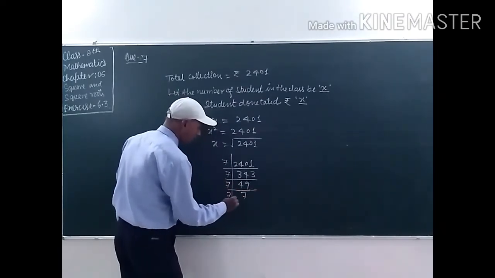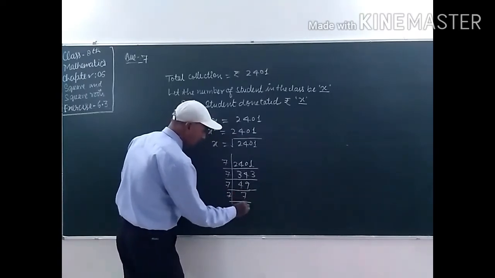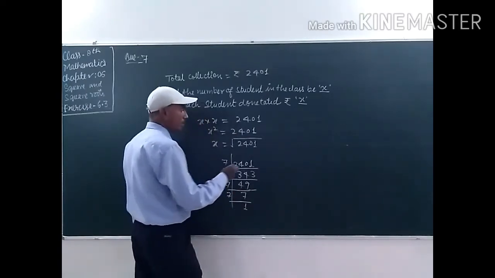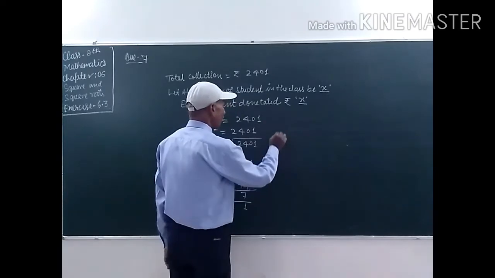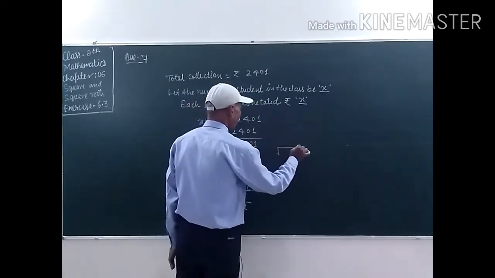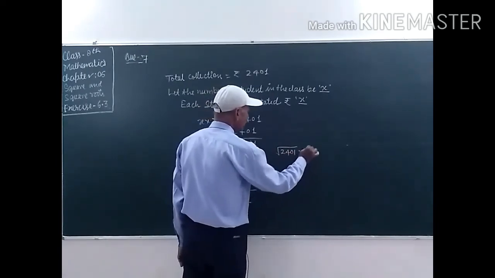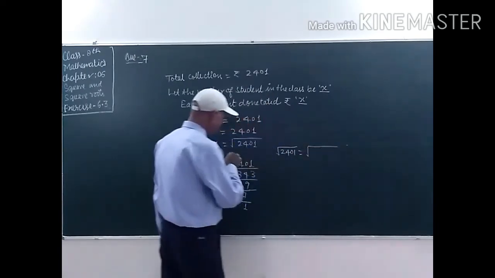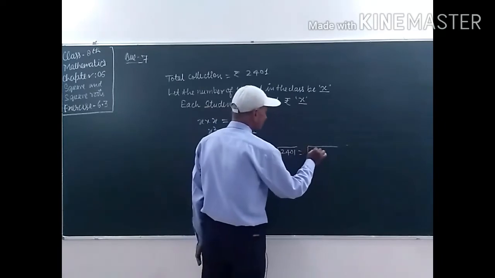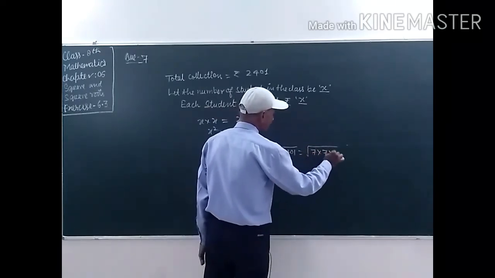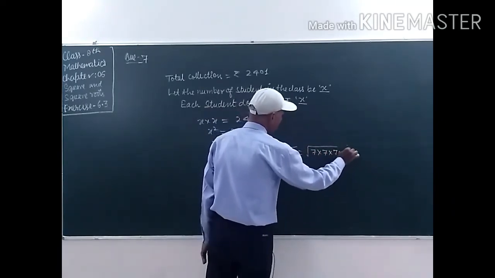And again by 7, 7 1s are 7. So under root 2401 is equal to under root of the factors of this number.